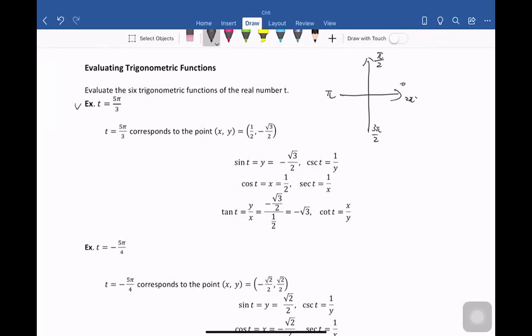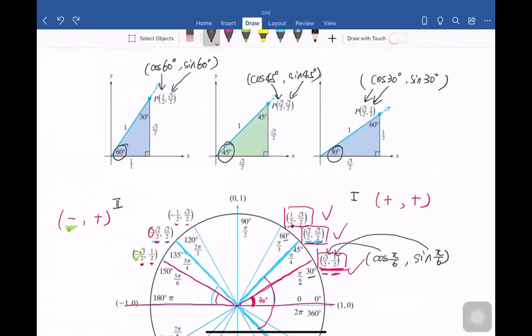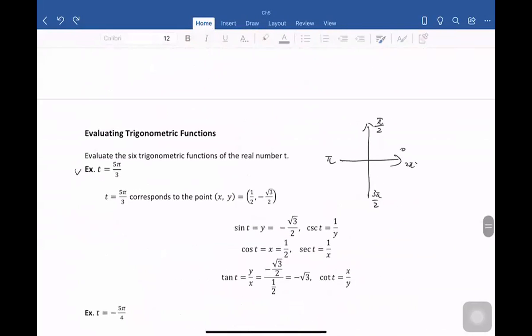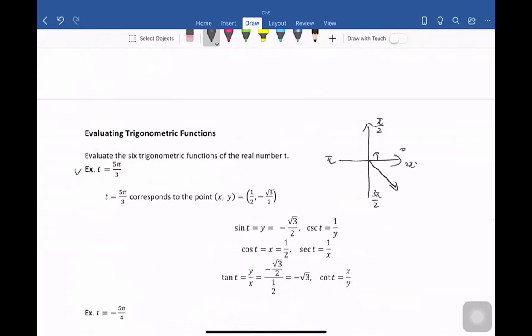That's a positive angle, so going in this direction. This is pi. 5 pi over 3, so it's here because it's greater than 3 pi over 2 and less than 2 pi.